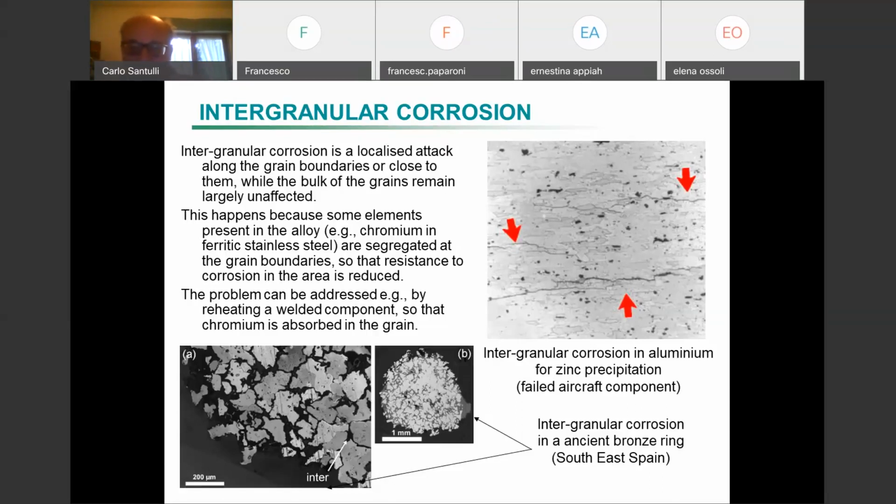In ferritic steels, you have chromium. I am going to talk about it next time, but you may consider that basically you have ferritic steel with chromium and austenitic steel with, again, chromium, but nickel as well, which have different properties.